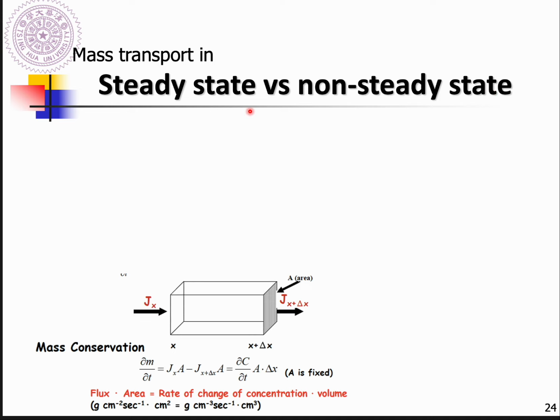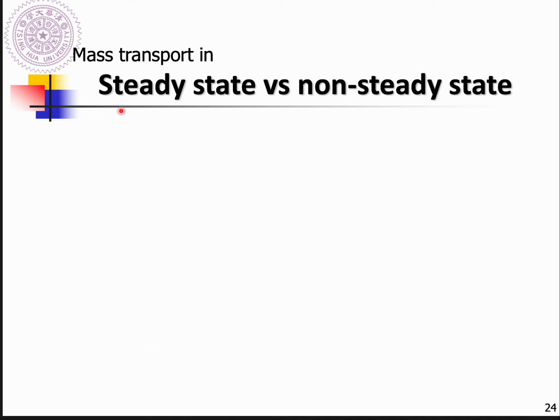Okay. So before we move to steady state and non-steady state involved in mass transport or diffusion, first of all, I will ask you: can you derive Fick's second law? Because when we talk about mass transport, usually the two laws that come to mind are Fick's first law and Fick's second law.